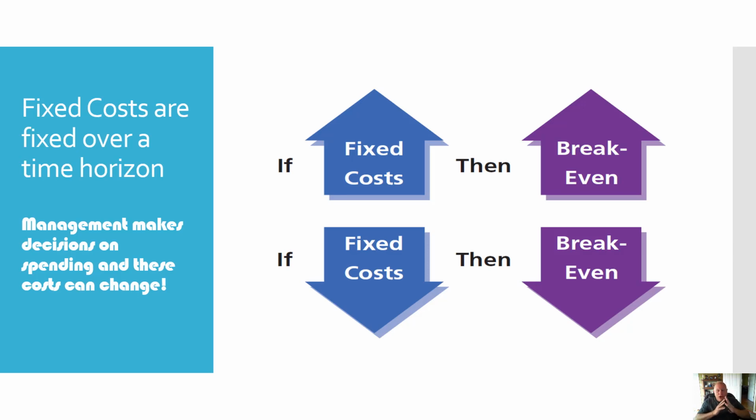Now, fixed costs are fixed over a time horizon that I mentioned previously. And when we have a case, we make an assumption of that within a range. But remember, management makes decisions on spending, and these costs can change, and they will.